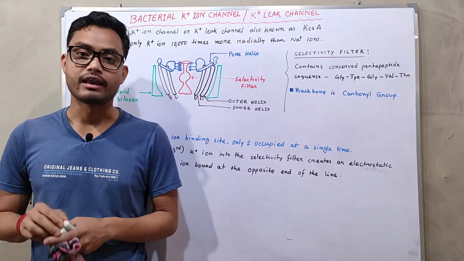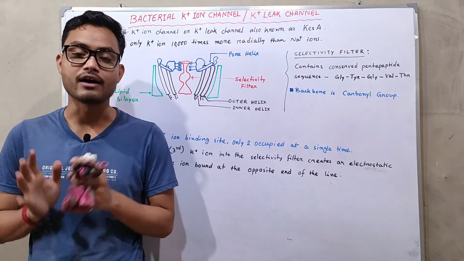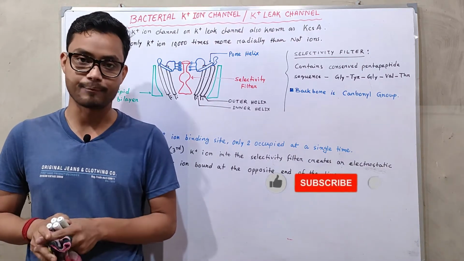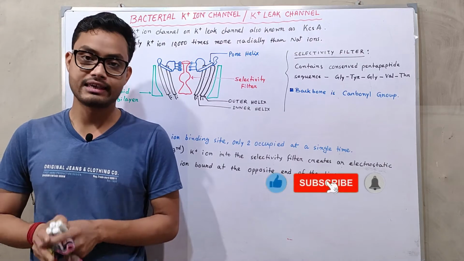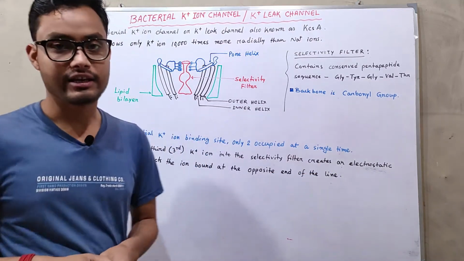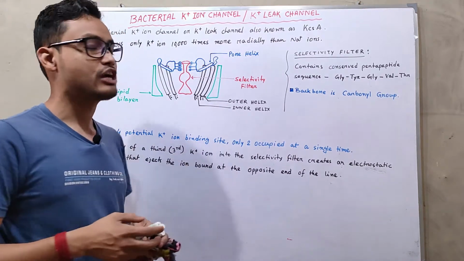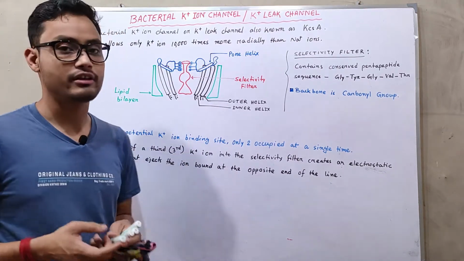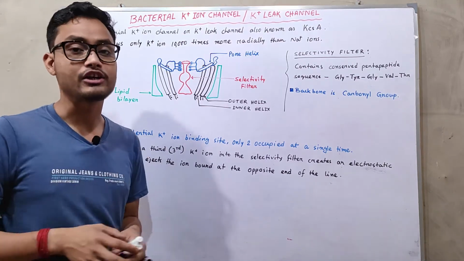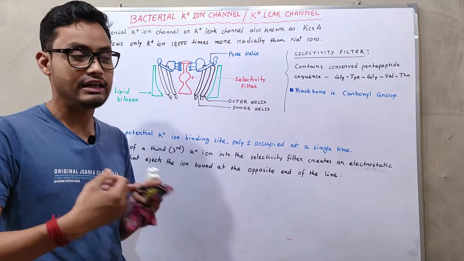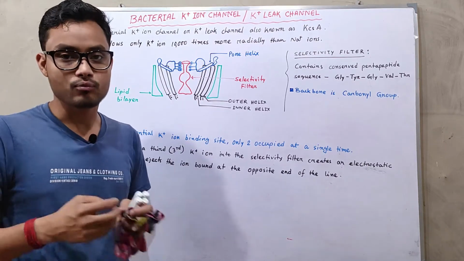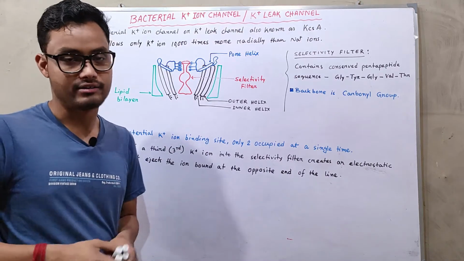In this video I am going to discuss the function of the K plus ion channel, or K plus leak channel, that is present in bacteria, also known as KcsA channels. Basically, KcsA channels, or K plus leak channels, or bacterial K plus ion channels, help potassium ions diffuse inside the bacterial cell membrane 10,000 times more readily than sodium ions.